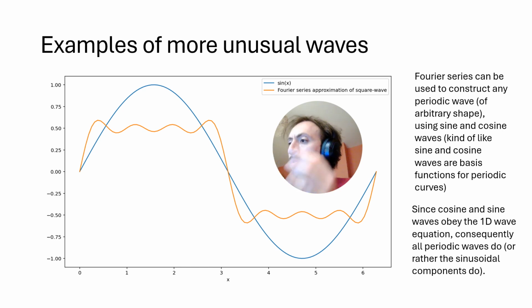And the kind of maths you use to work out what sine and cosine functions to add together to model a particular strange looking wave is called Fourier analysis. You use Fourier series, which are your series of sine and cosine functions.